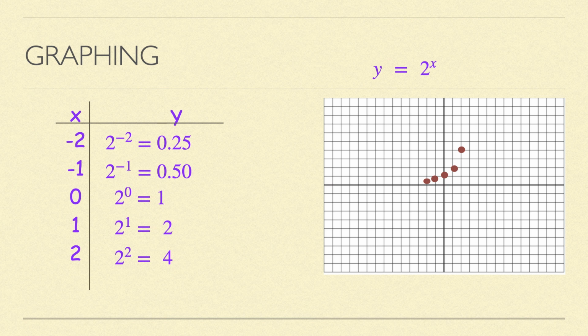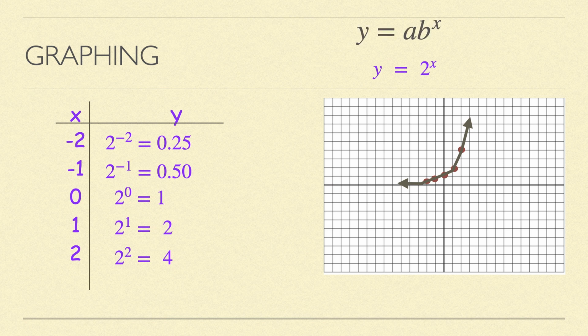All right, so now let's go ahead and draw in our line, connect our dots here. Okay, here's what it looks like. Notice it is a curved line. All right, and it's getting bigger and bigger. There are arrows on both the left side and the right side.